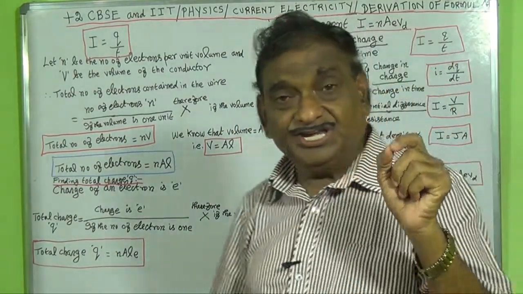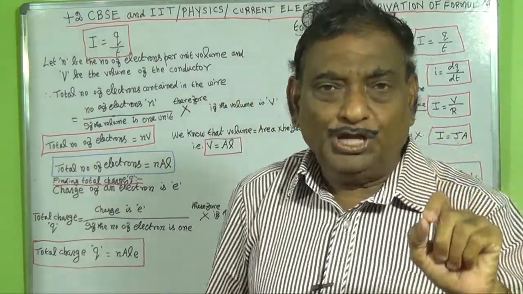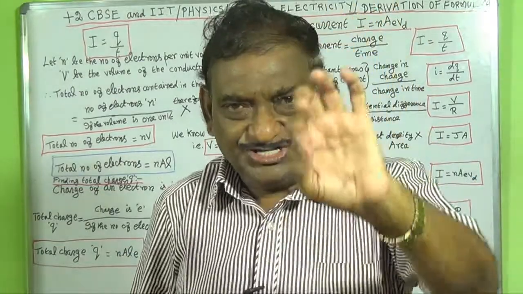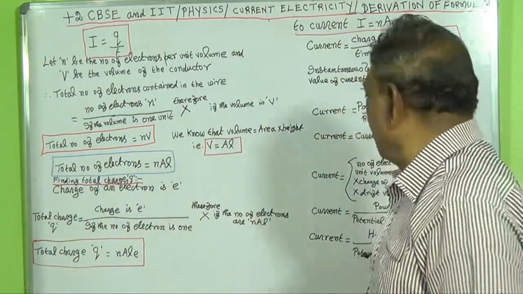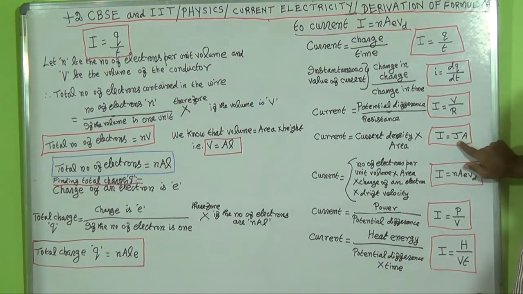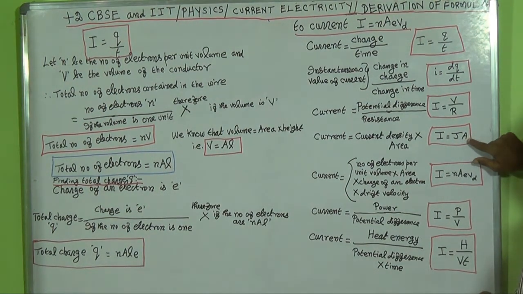What is current density? The current flowing per unit area is denoted as current density. So per unit area the current flowing is J. Therefore, if we multiply by total area, we will get the current.